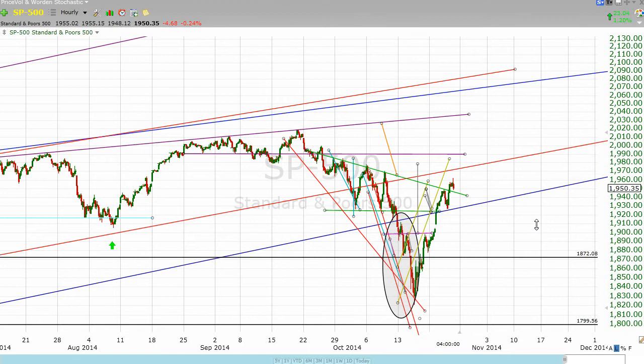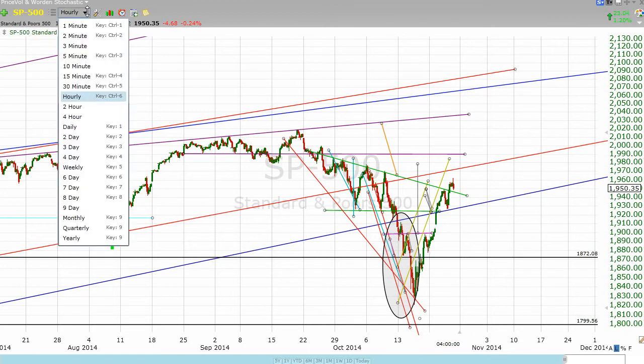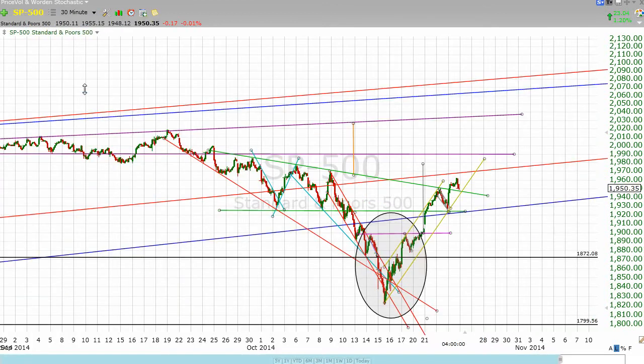And one of the reasons I say that is because when we look at the 30-minute chart and we draw a trend line from the all-time high, no matter where we try to draw a line to, quote, create resistance, we're above any spot where you could possibly draw this line.